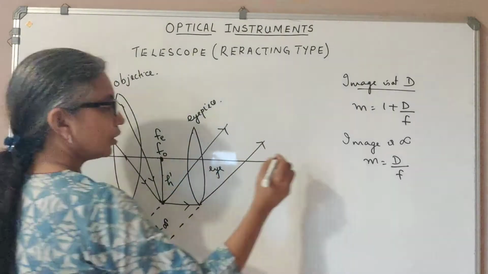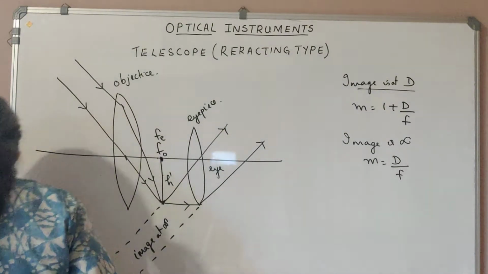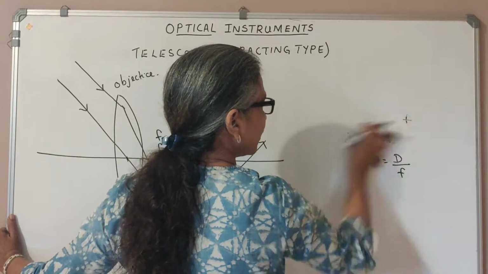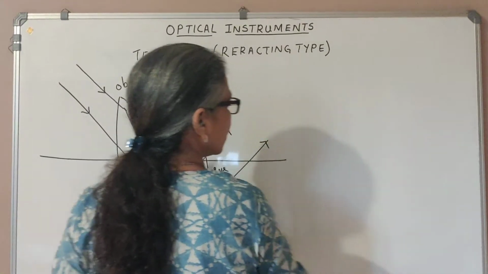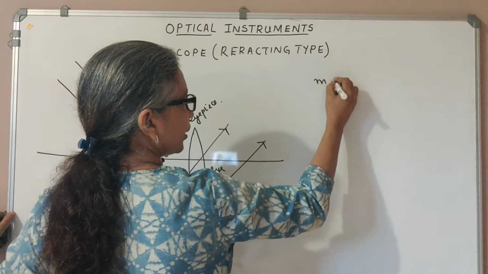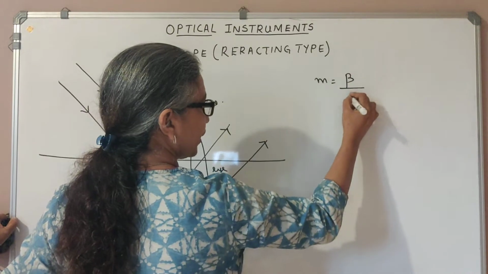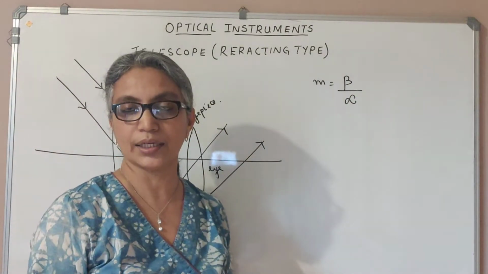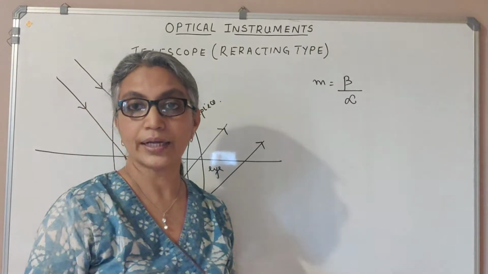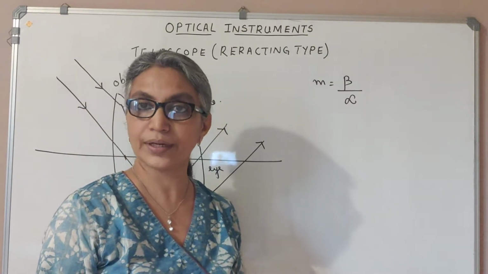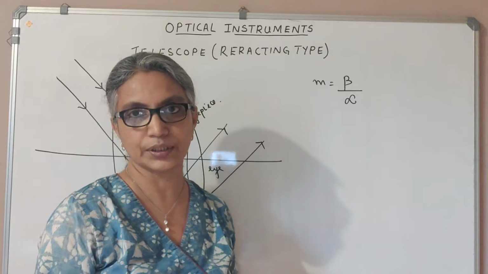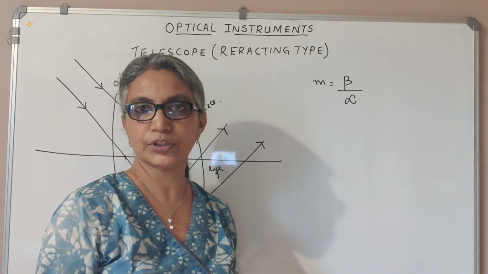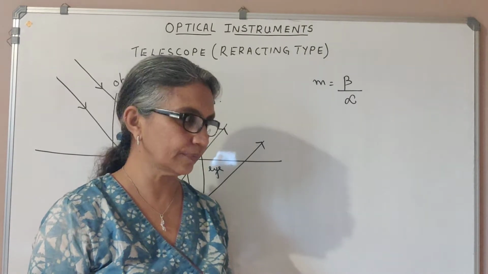Now, we already know that angular magnification is defined as beta by alpha, right? So, angular magnification M we defined as beta by alpha, where beta is the angle subtended by the image at the eye when kept at D, and alpha was the angle subtended by the object at the eye when kept at D. Sorry.